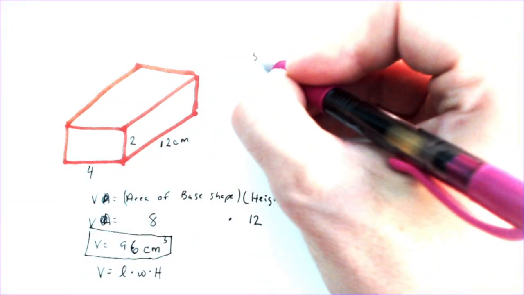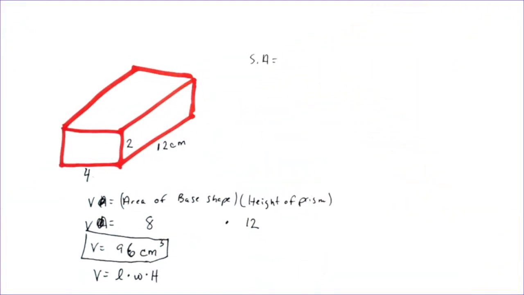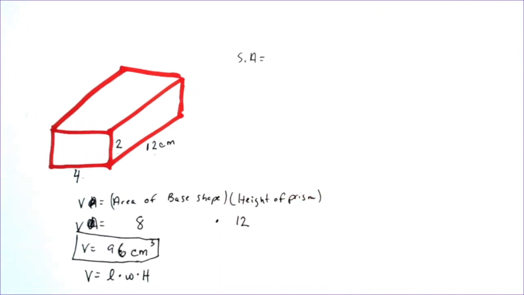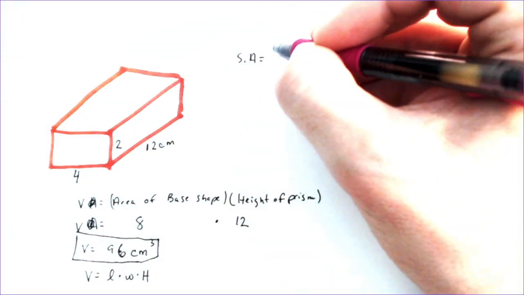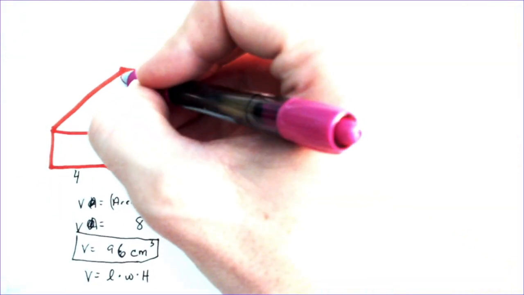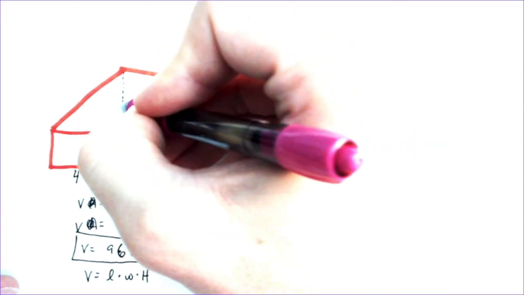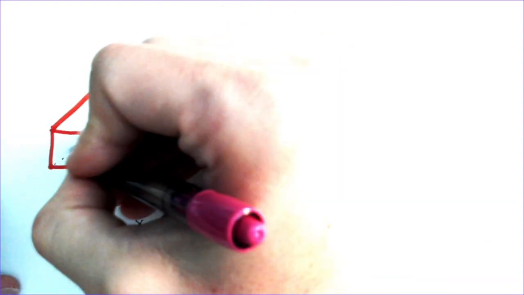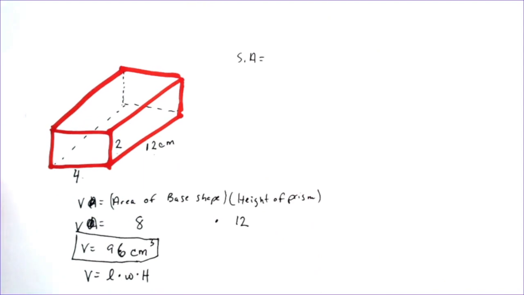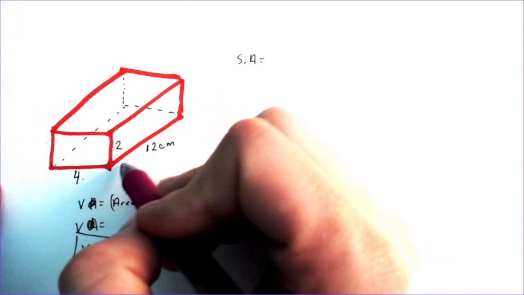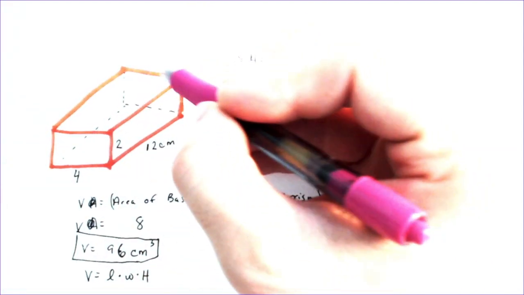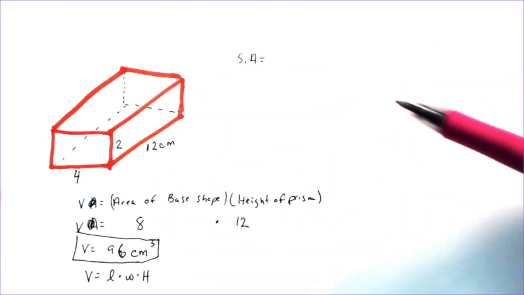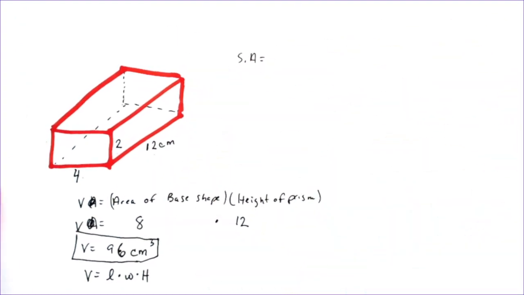The surface area, again, is all of the sides added together, every surface, every exterior surface, and there are a lot of rectangles here. Okay, so the surface area will involve the front rectangle, and if we draw the three-dimensional aspect of it, this front rectangle, which is 2 by 4, and the back rectangle, which is also going to be 2 by 4, and we have to draw those.